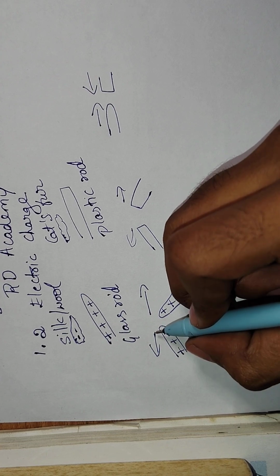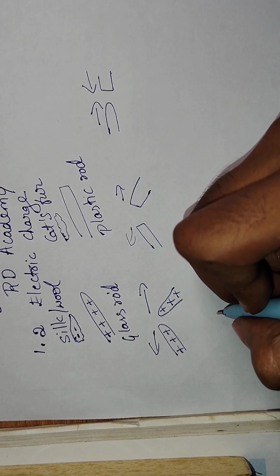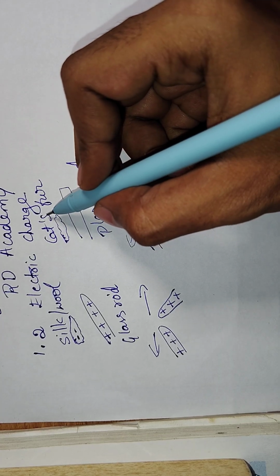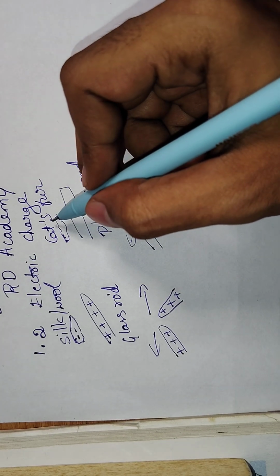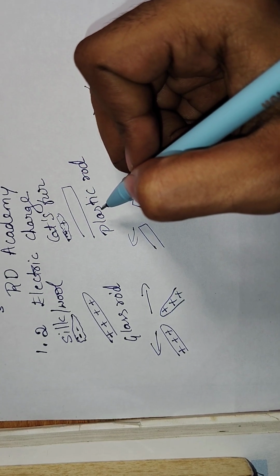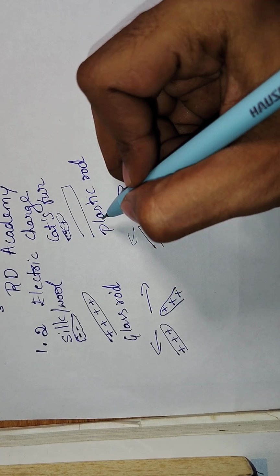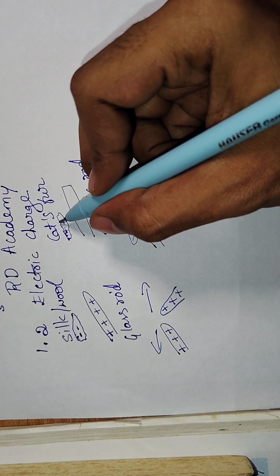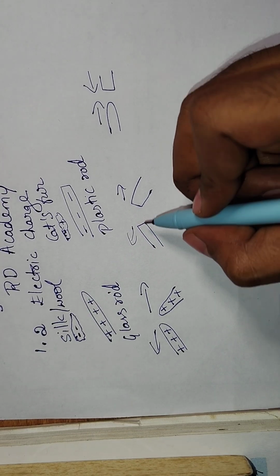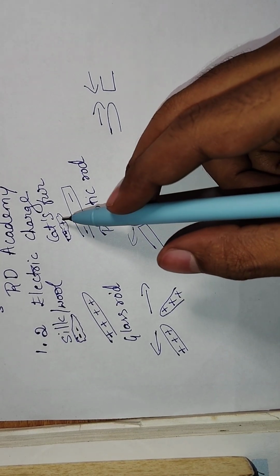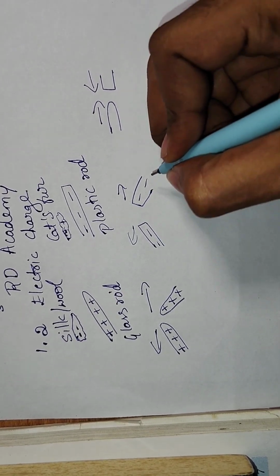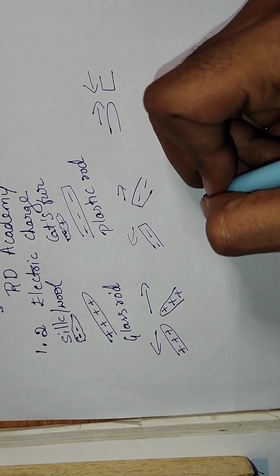When you bring like charges, they repel each other, that is, they move away from each other. Similarly, when you rub the cat's fur with the plastic rod, the cat's fur loses electrons, hence it becomes positively charged, whereas the plastic rod gains the extra electrons lost by the cat's fur, hence it becomes negatively charged. What happens when you bring two such plastic rods near each other? Since both have the same charge, they also will repel each other.